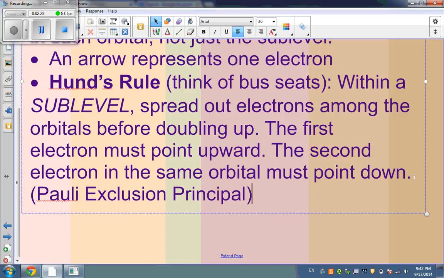Now, if you point them in the same direction, like both spinning up, that's their 4th quantum number, and it would also be the same. And then there's no way of distinguishing between those 2 electrons. So if they're in the same orbital, one has to point up, the other points down. And the common notation is to put the up-spinning ones first. So let's look at a couple of examples on the next page.